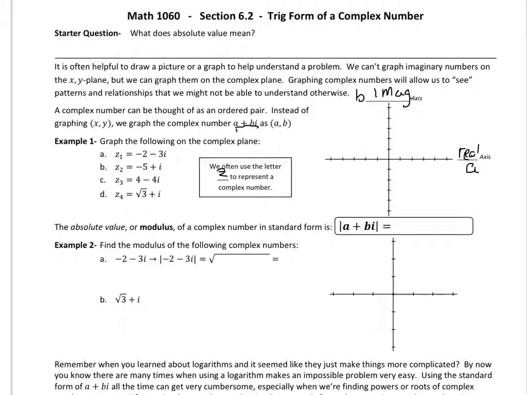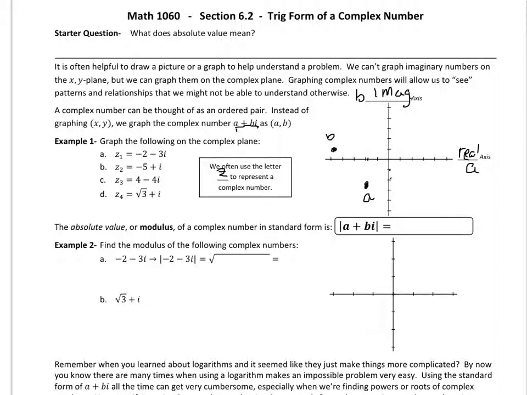All right, so if we were to graph the following on the complex plane, so we wanted to graph -2 minus 3i. We'd go -2 in the real direction and -3 in the imaginary direction, and there's your point. That's point A. Okay, -5 plus i, so again, -5 in the real direction and 1 in the imaginary direction.